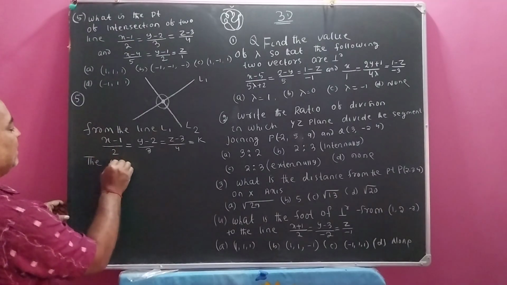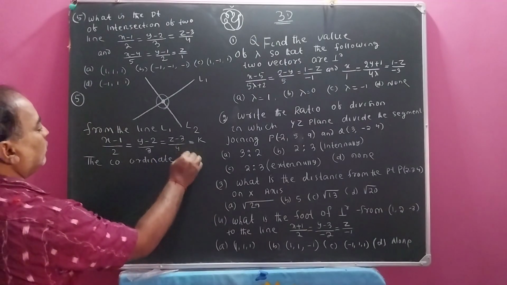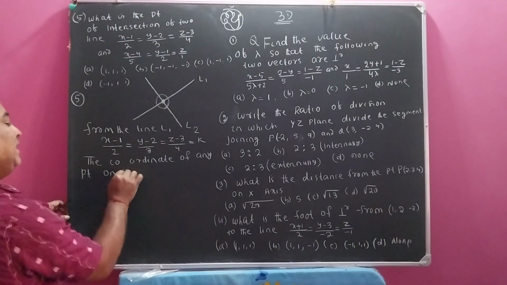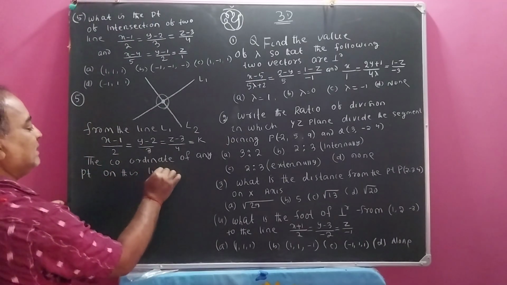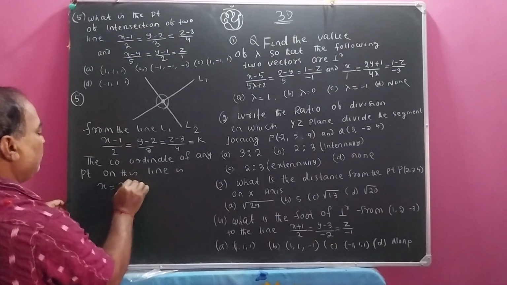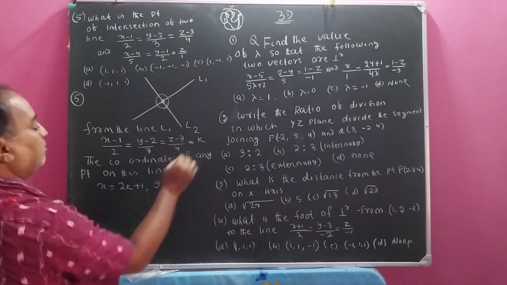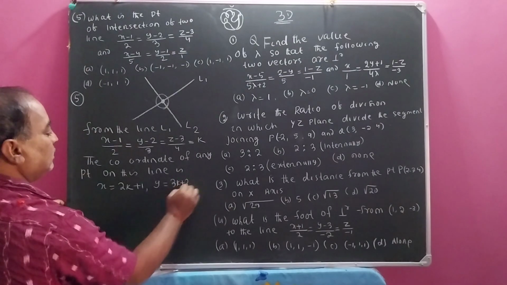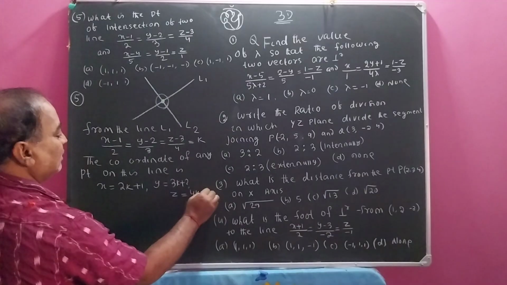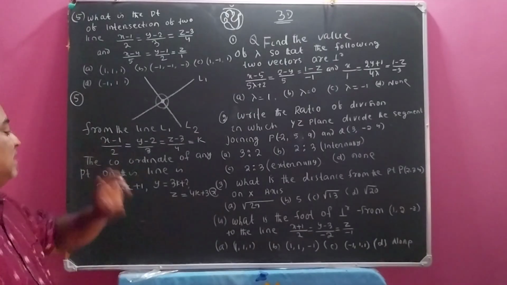The coordinate of any point on this line is x is equal to 2k plus 1, y is equal to 3k plus 2, z is equal to 4k plus 3. This is the coordinate of any point on the first line.